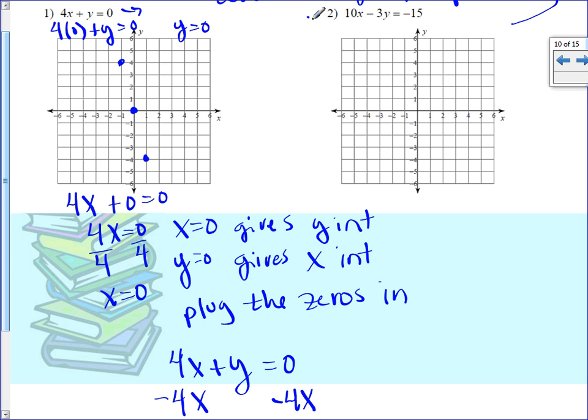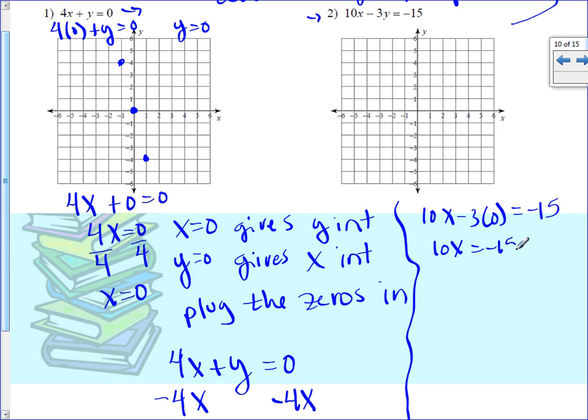Now let's look at number 2. Draw a line here, separate my work. If I plug 0 in for y, I get 10x minus 3 times 0 equals negative 15. Zero times anything is 0, so then I just have 10x equals negative 15.